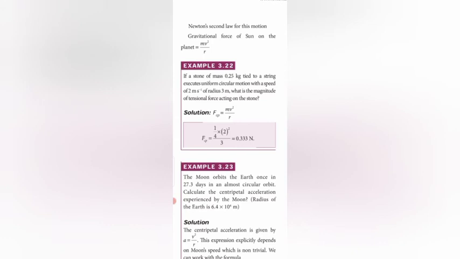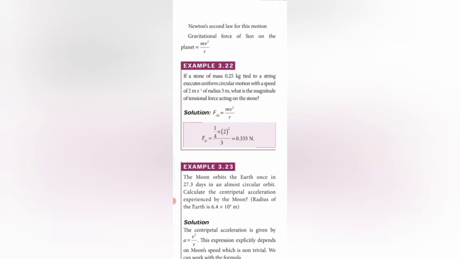All the values are given, so it's a straight substitution. m is given as 0.25 kg, which as a fraction is 1 by 4. Then v is 2 meter per second, and the radius is 3 meter.